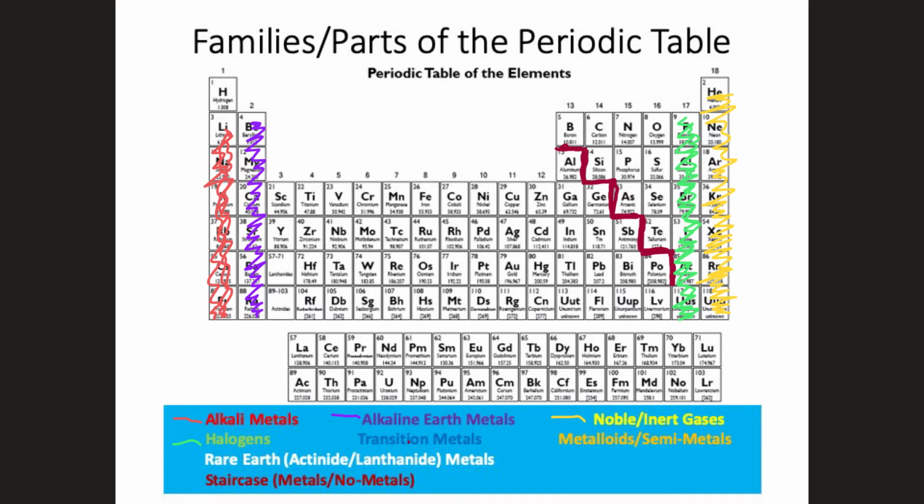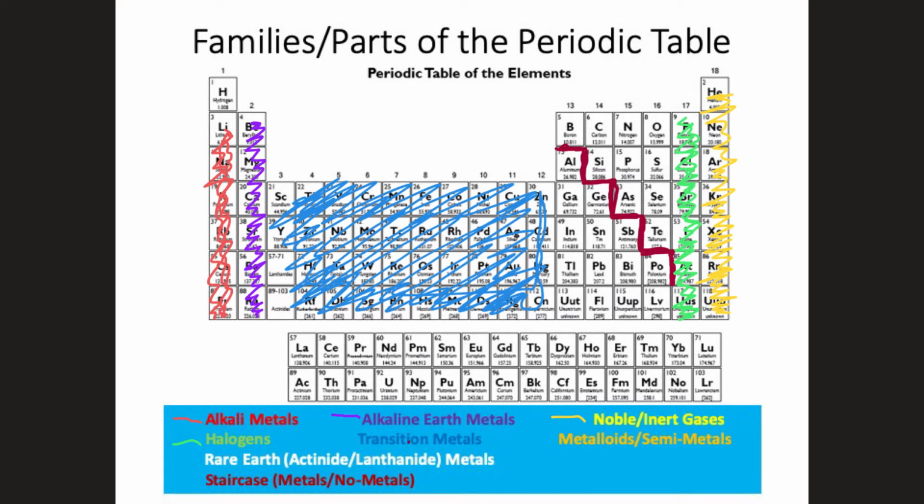Okay, and we have the transition metals. We already talked a little about those. Those would be all these materials in here. So those are my transition metals, groups 3 through 12.